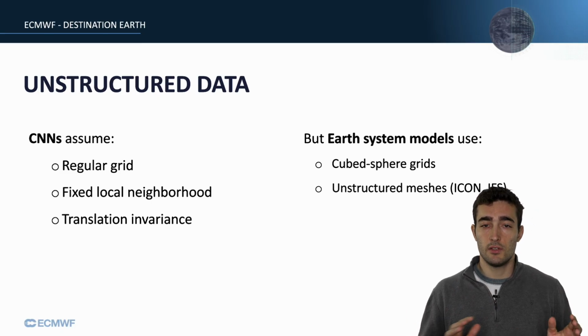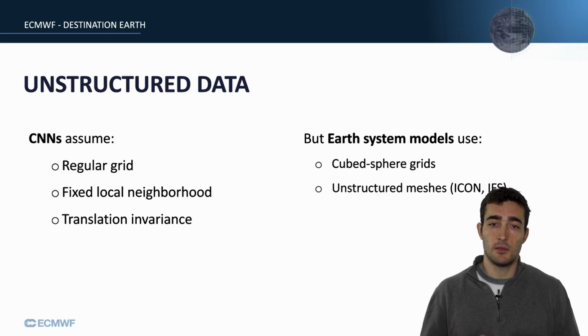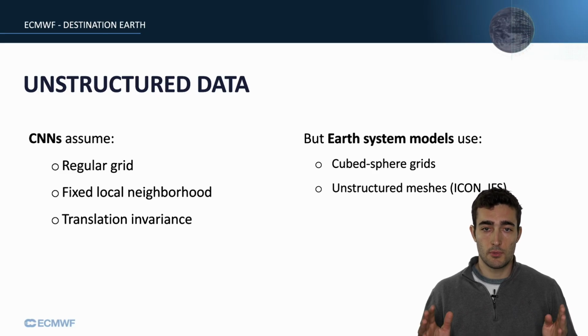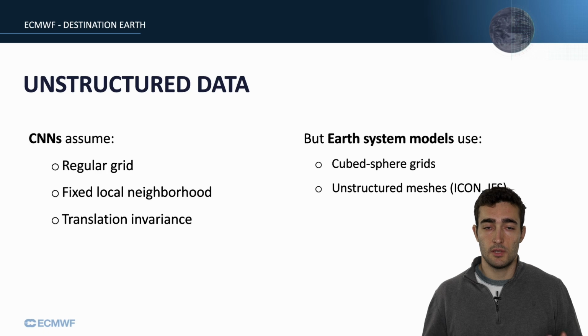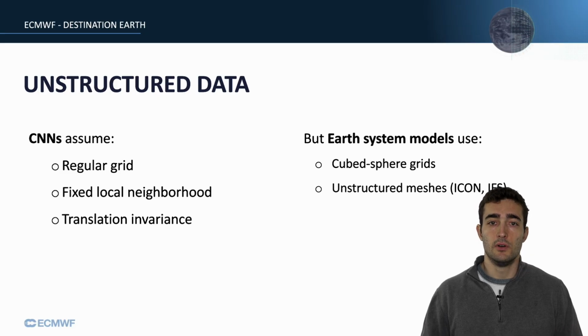So if we consider that as an image, our neural networks may produce some artifacts there because the lateral boundaries are not connected, or the poles may get some strange values there, right? So in that sense, that can be a problem.